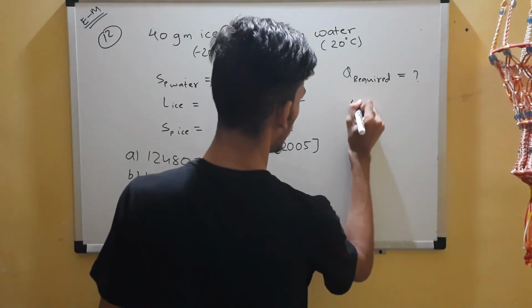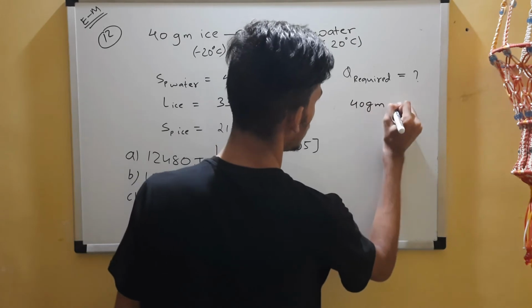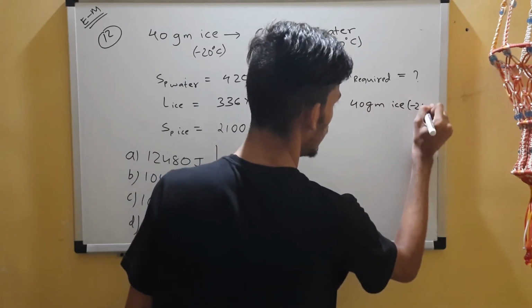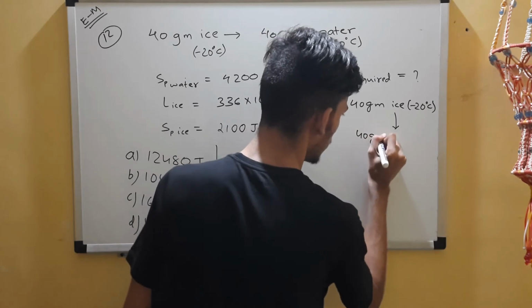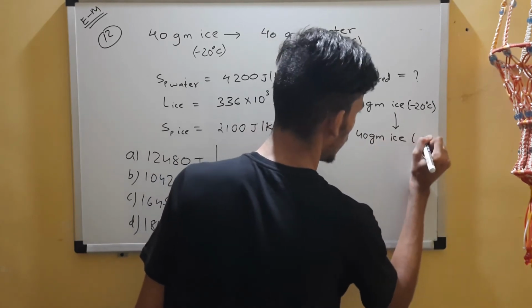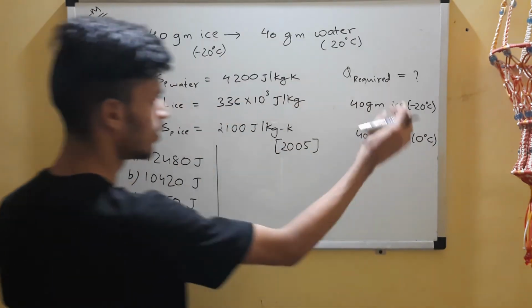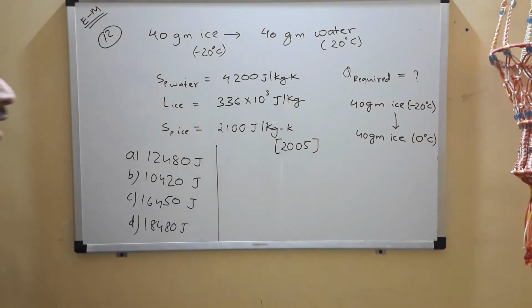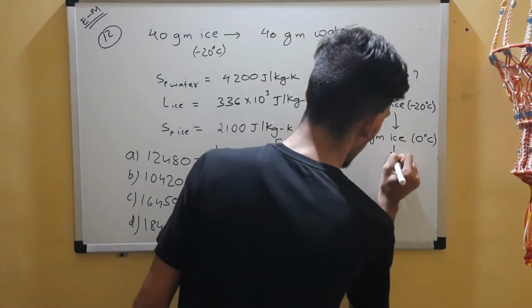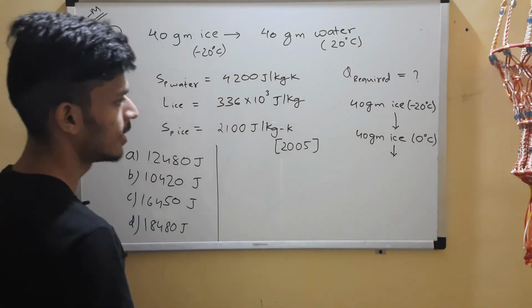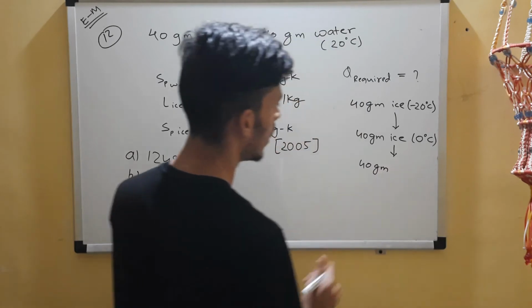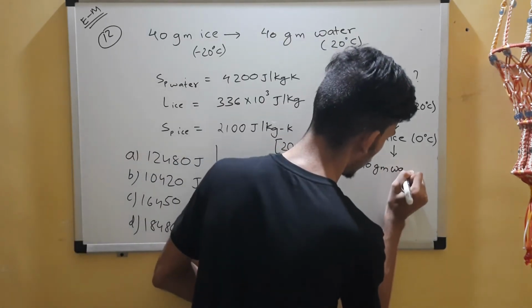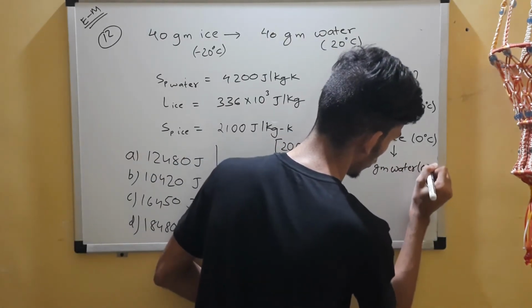So first step, let's take 40 grams of ice, which is at minus 20 degrees Celsius. First, we'll convert it to 40 grams of ice, still ice, but now at 0 degrees Celsius. So we increase the temperature by 20 degrees Celsius, of course. And then the second step is to convert it to water, make 40 grams of water at 0 degrees Celsius.